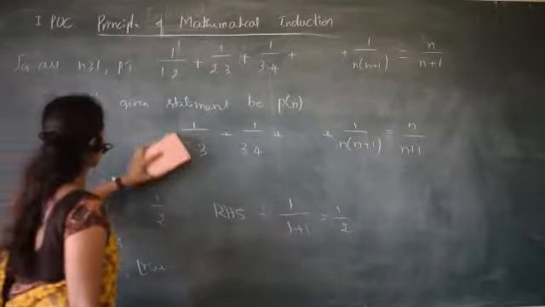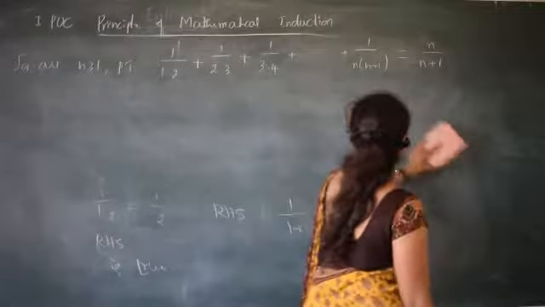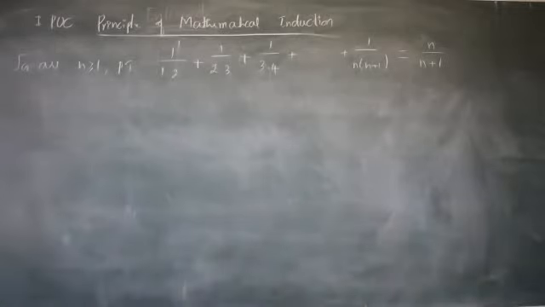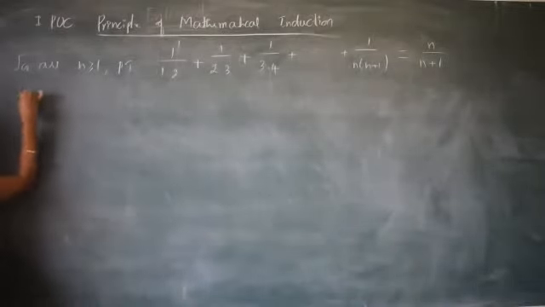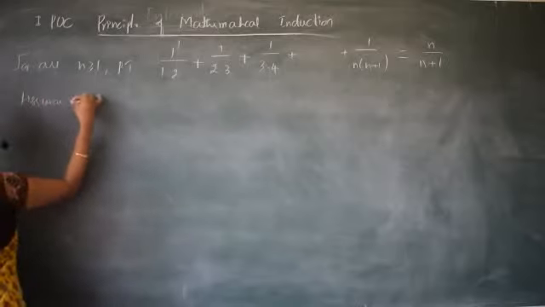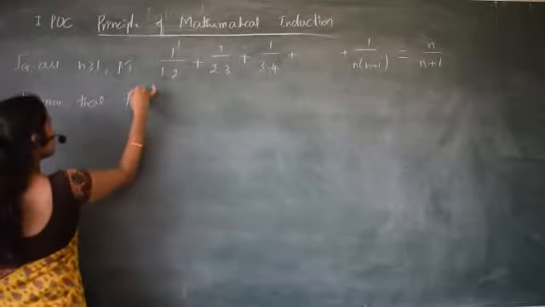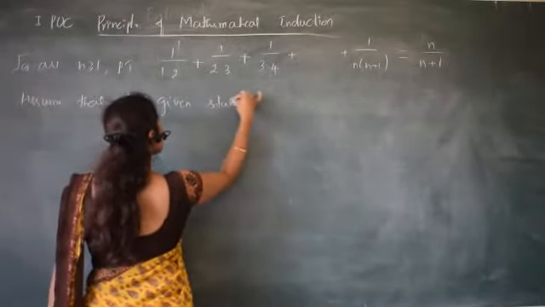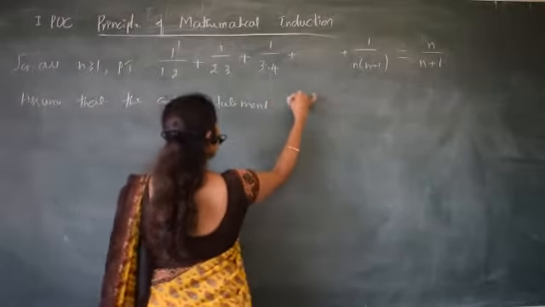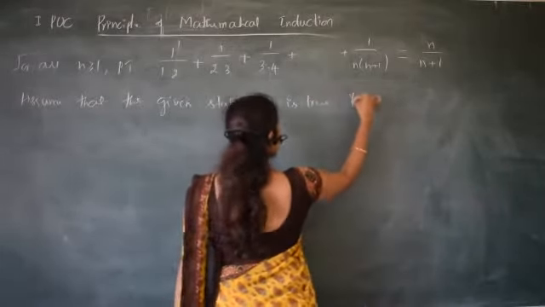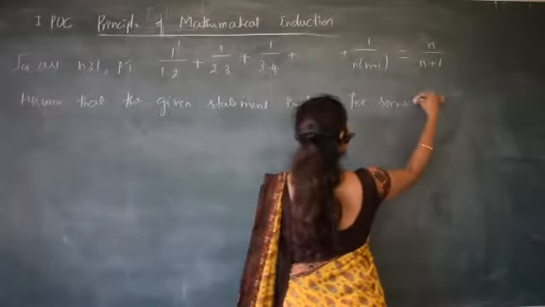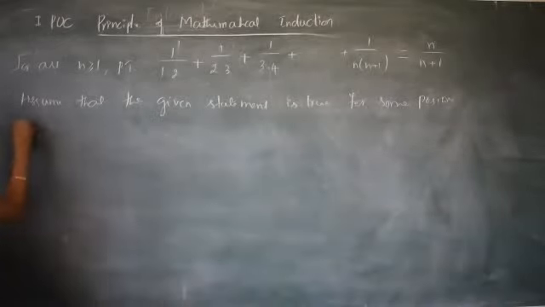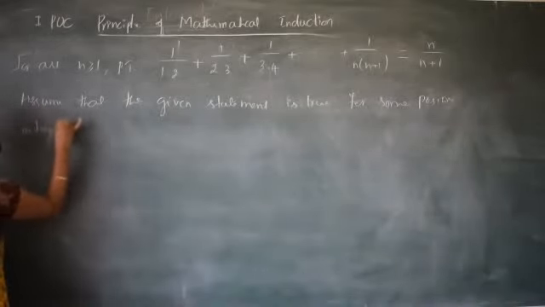Next is our assumption. Assume that P of k. Assume that the given statement is true for some positive integer k.